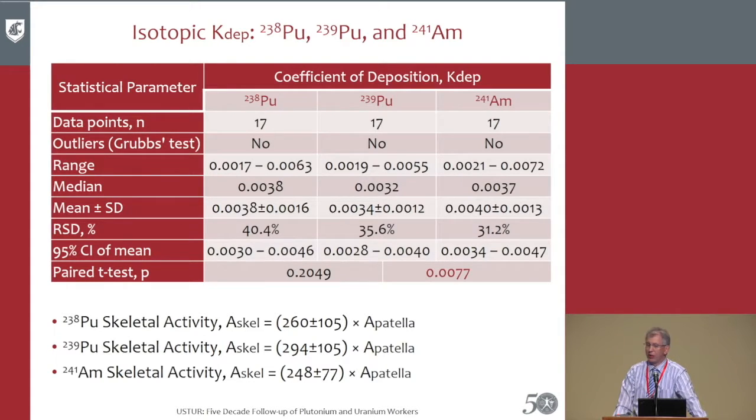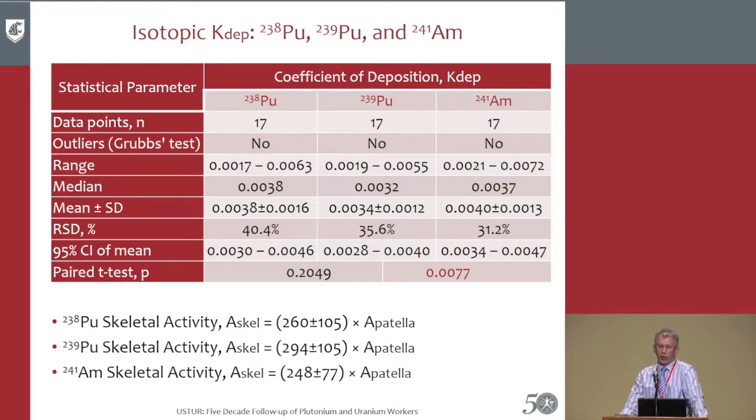It's a little bit busy slide, but I want to put everything in one place. We calculated K-depths for each individual radionuclide: plutonium-238, plutonium-239, and americium-241. We tested for outliers. There were no outliers. And we did some comparison tests between plutonium-238 and plutonium-239.